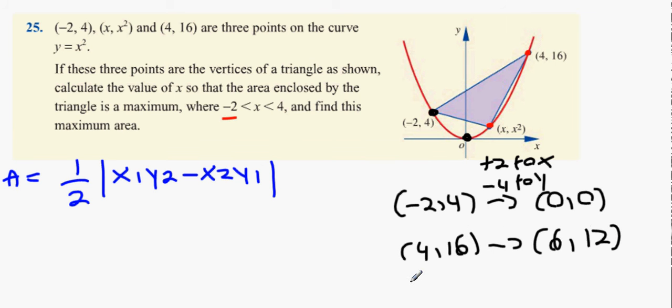And then we're going to do the same thing for (x, x squared), which is going to turn into (x plus 2, x squared minus 4). Excuse me one moment.